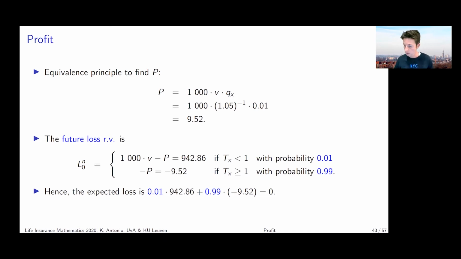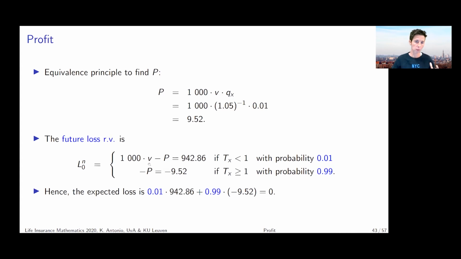Why is that? Because I have to pay the death benefit and I only collected the premium equal to 9.52. So there is a loss on this contract, and this loss occurs with a probability of 1 over 100, because that's the probability that my policyholder will die in this first year.